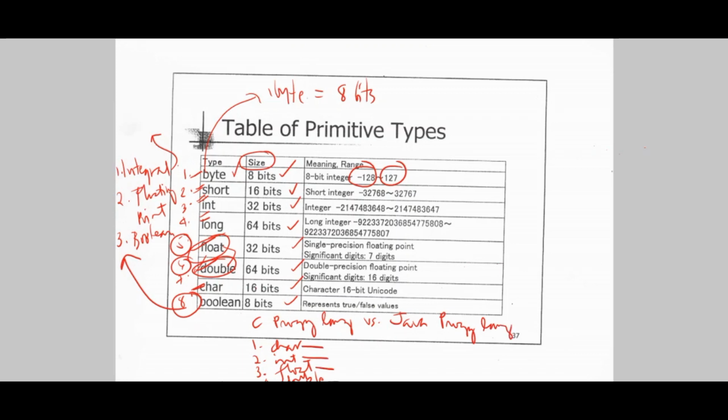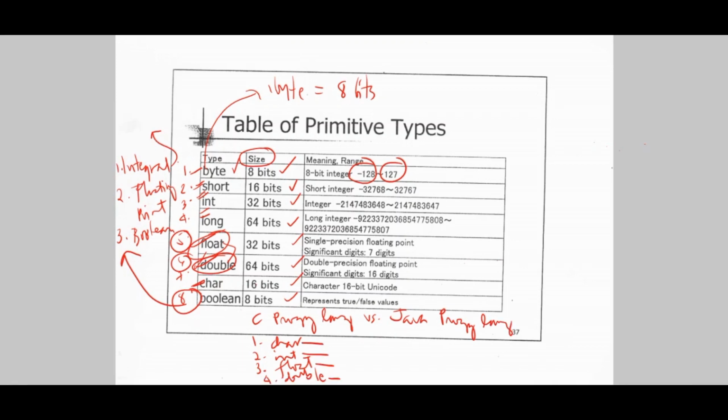So recall that the character data type in C programming language is allocated 8 bits or 1 byte. And in C programming language, integer is 16 bits or 2 bytes. And float in C programming language is 32 bits or 4 bytes.